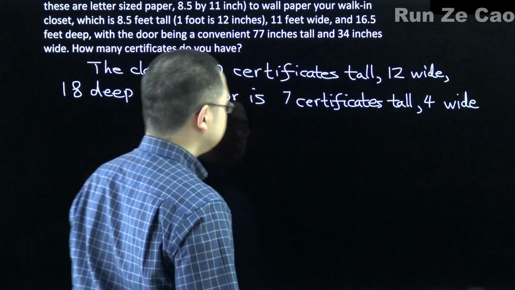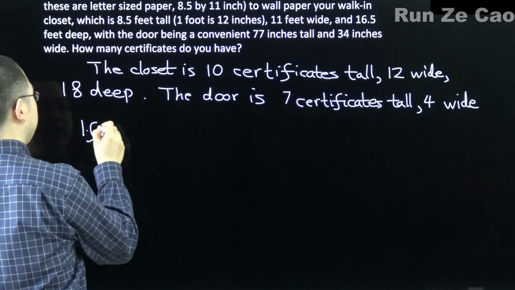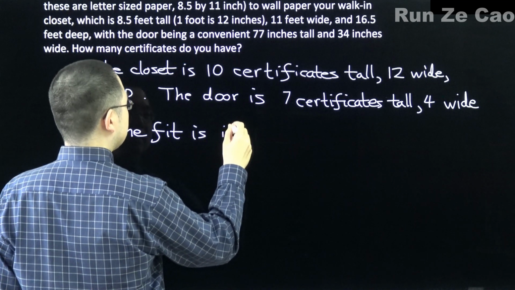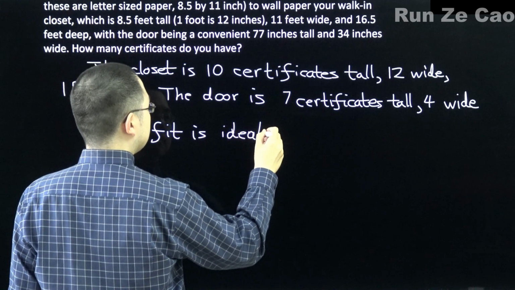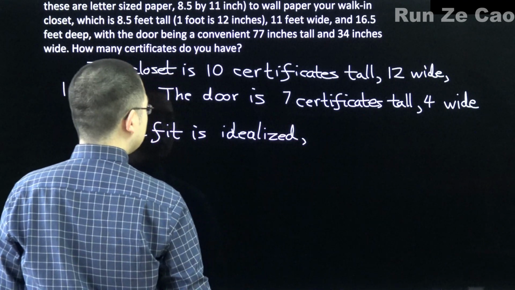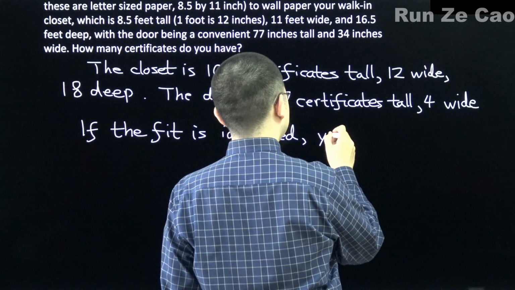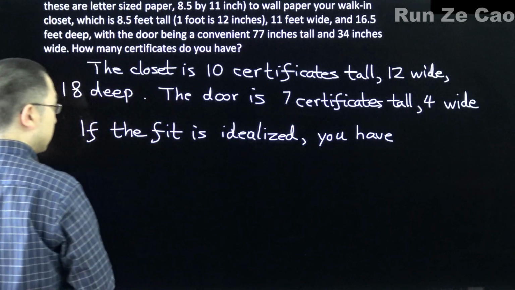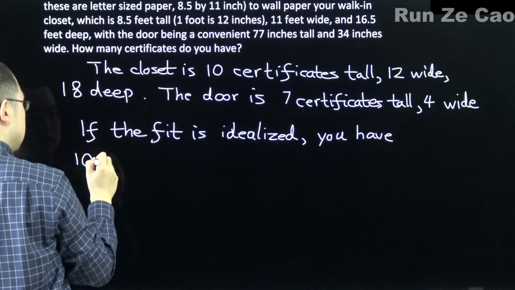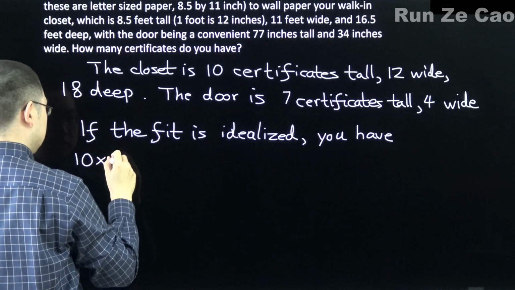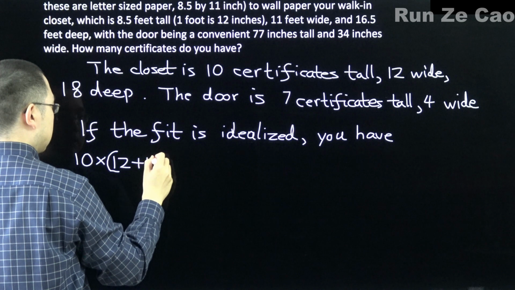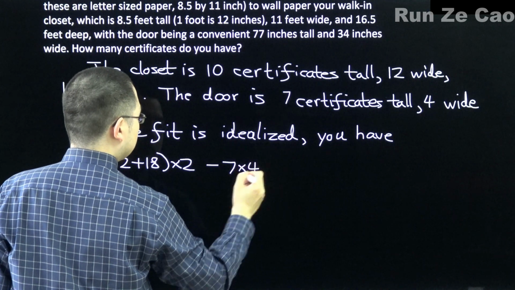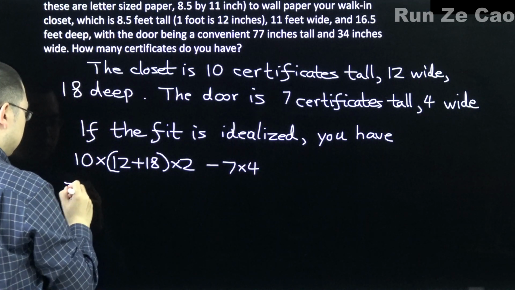Therefore, if the fit is idealized, you have ten by 12 plus 18 by 2 minus 7 by 4 equals.